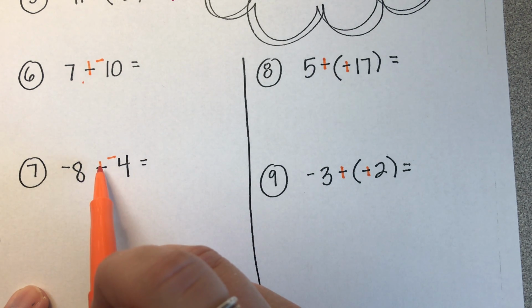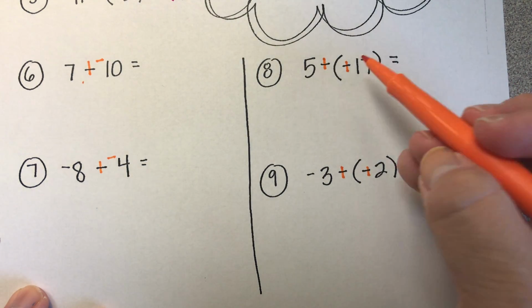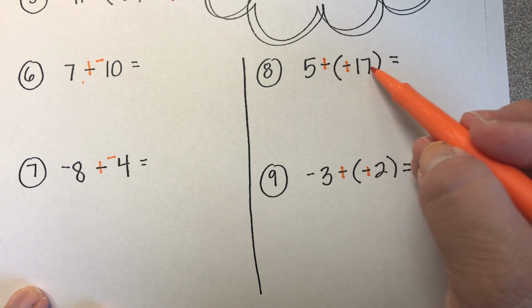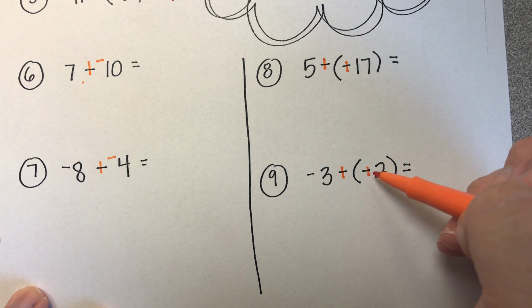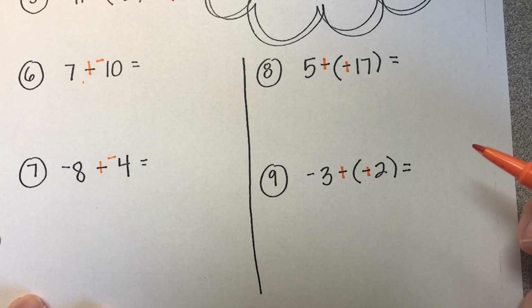I changed subtraction to addition, and I changed my negative to positive. I changed it to the opposite of what it was. Okay, adding the opposite is the same as subtracting.